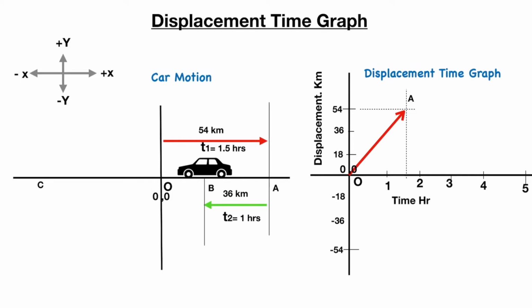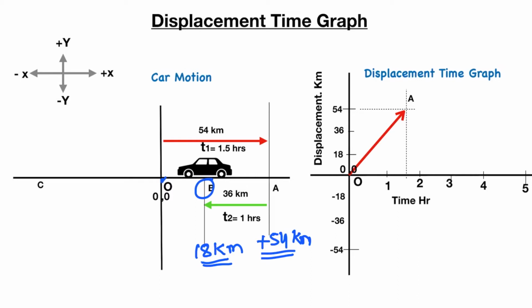So here it started from plus 54 km, right, and it reached here. If you subtract 36 km from 54, it becomes 18 km. So my final position of the car, which is at B, is 18 kilometers away from my starting point O in the positive x direction. So my car displacement is still plus 18 kilometers.